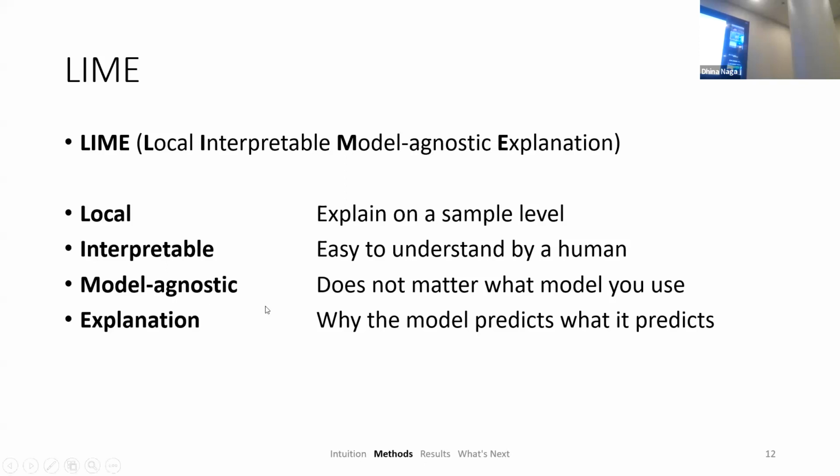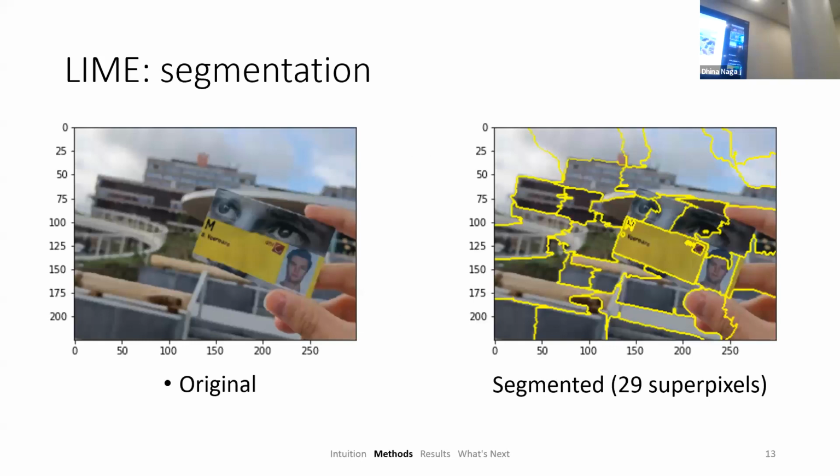So how do we actually use LIME in our model? I will go over briefly how LIME works. It's basically that you take this original image, which is the first day that I actually got my access card to the Amsterdam University Hospital. So you take this original image and you use some sort of segmentation algorithm to segment the image into different superpixels.